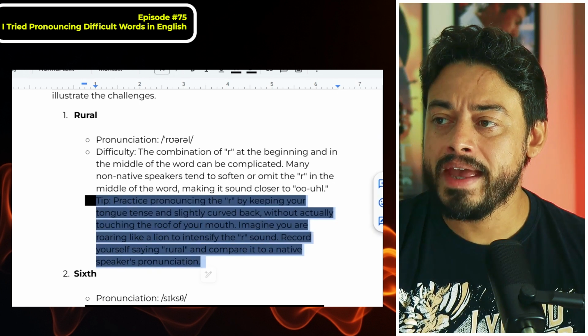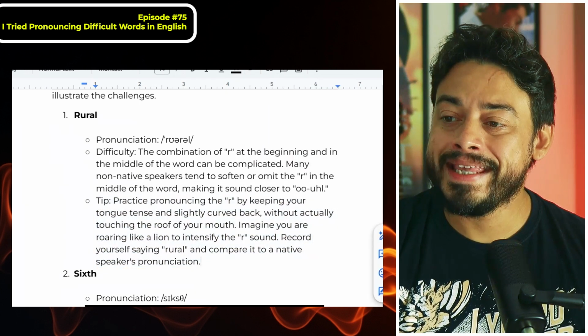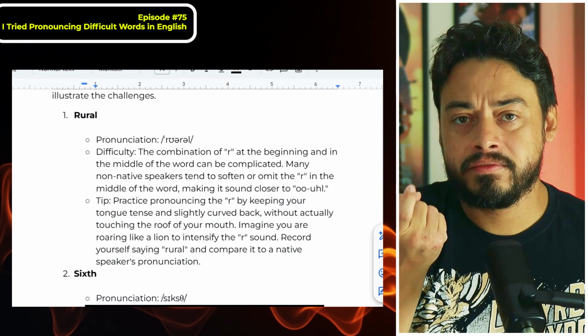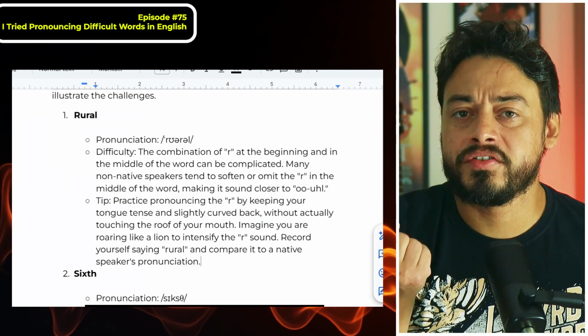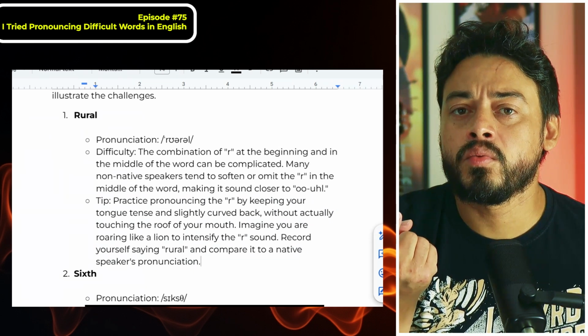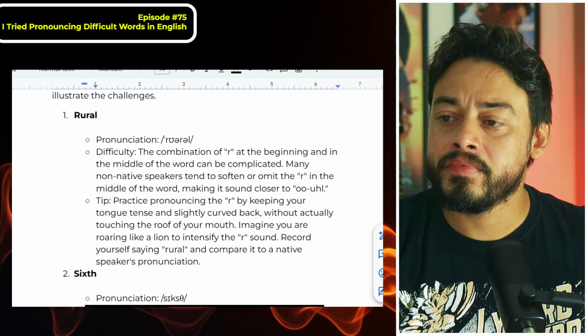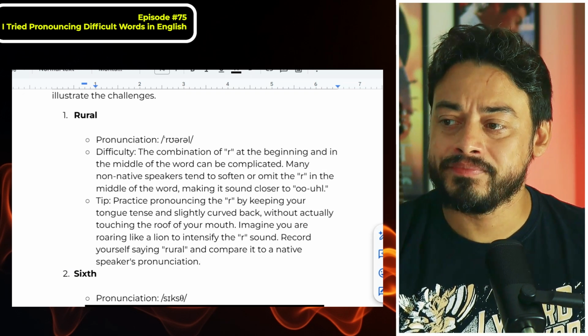The tip that we have here for this is practice pronouncing the R by keeping your tongue tense and slightly curved back. You curl your tongue a little bit for this sound. So rural, and don't touch the roof of your mouth with your tongue. All right.